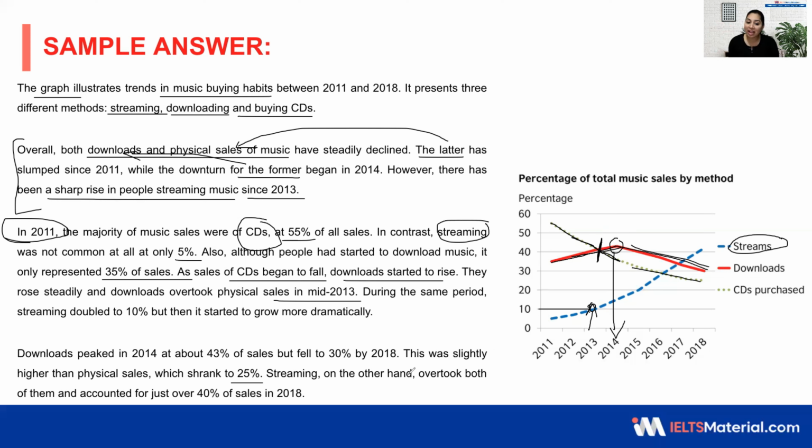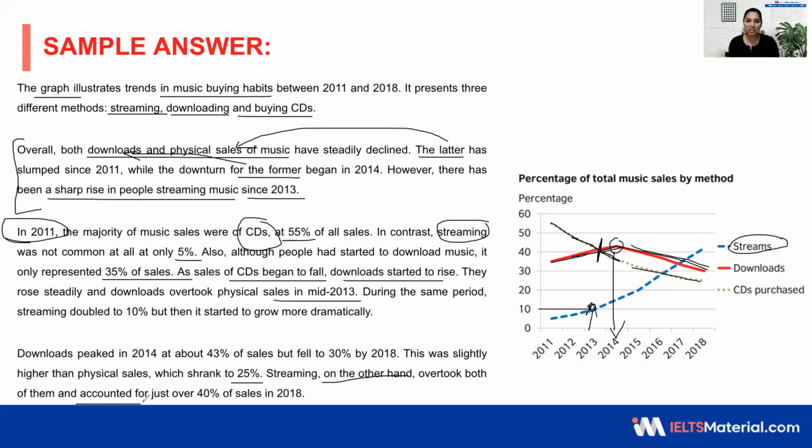Streaming, on the other hand, so as I said, you can use on the other hand to explain the contrasting term, overtook both of them and accounted for just over 40% of sales in 2018, as a result showing an increase.